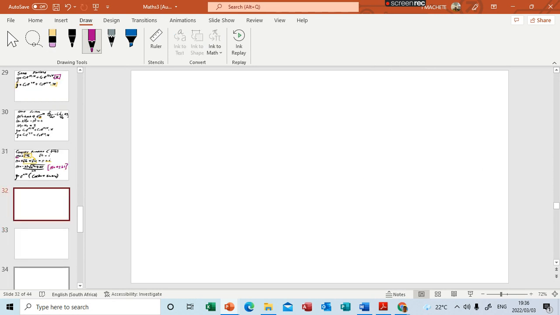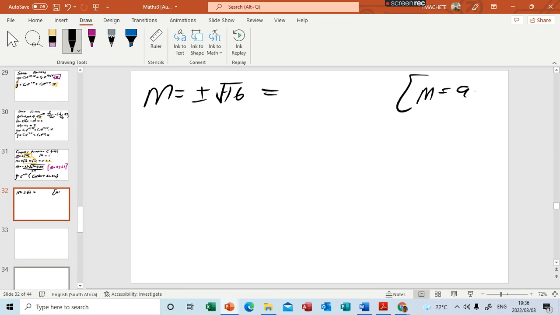Okay, let's do one example. That's 16. Let me take the same example so that it can make sense to you guys. I said plus or minus 16. So in this case, guys, since I'm applying this formula here, m equals a plus or minus bi.